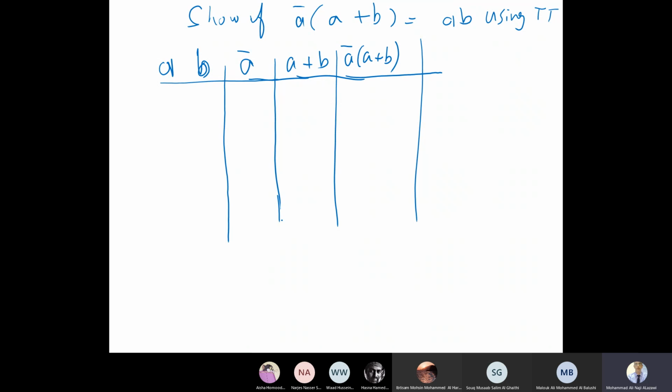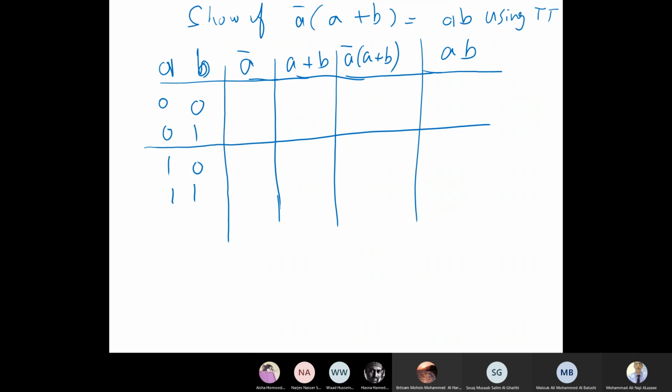The second equation will be A B. I have to consider all the combinations. A prime: 1 1 0 0. Okay, A plus B, A or B: 0 1 1 1.